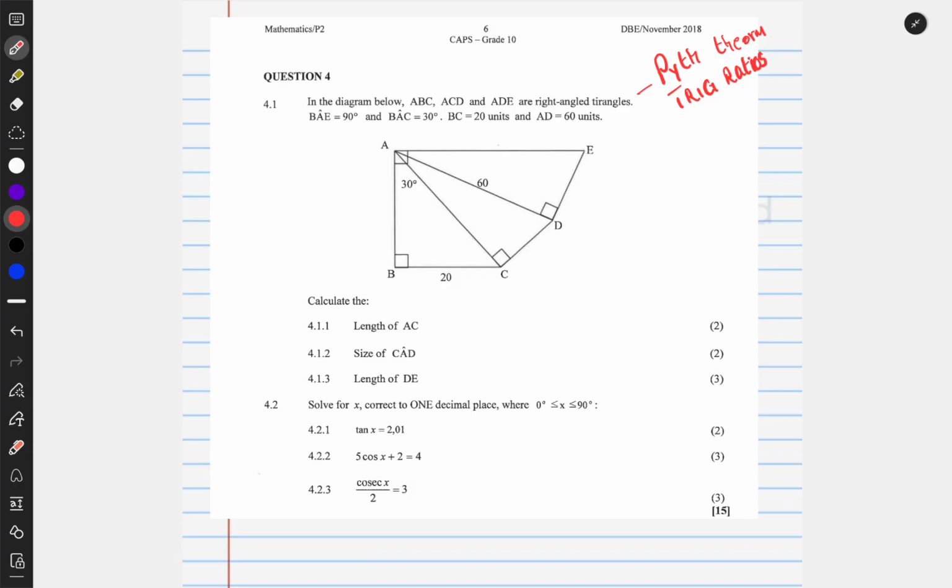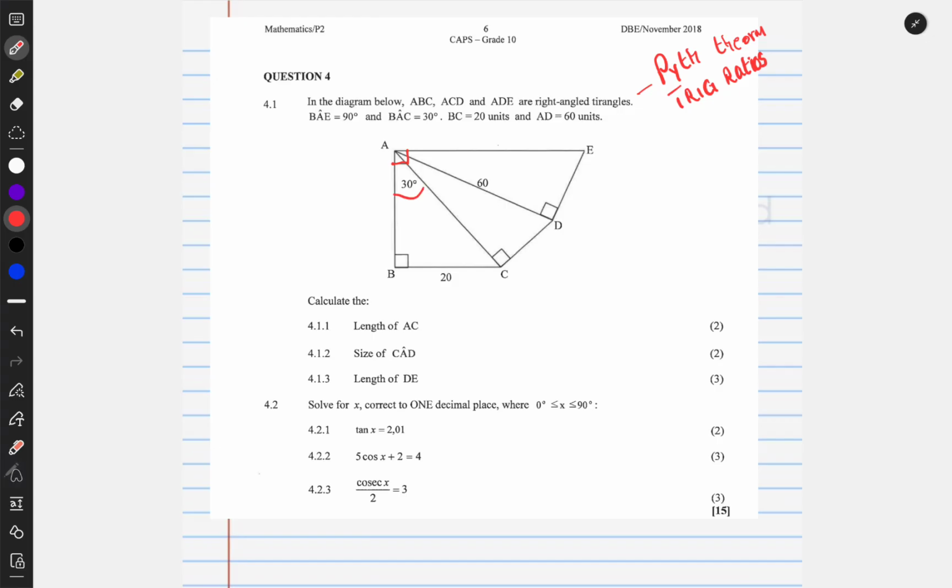You are given that BAE is 90 degrees. BAC, where is BAC?